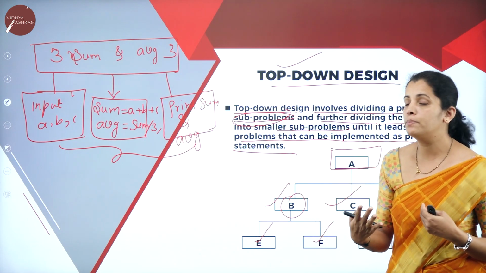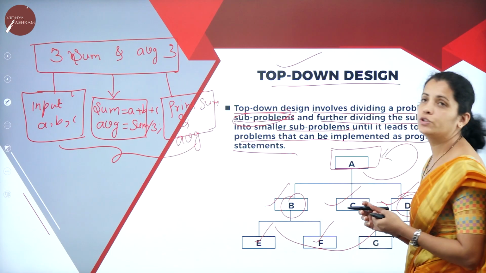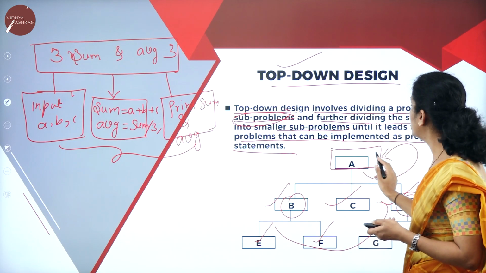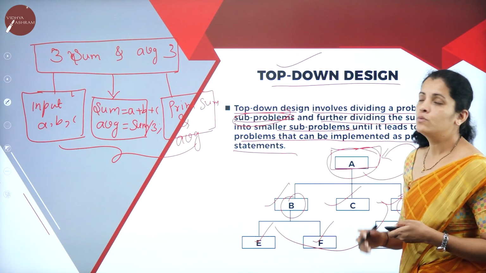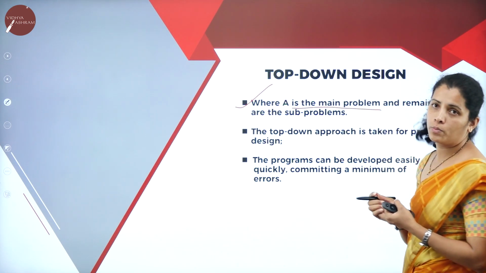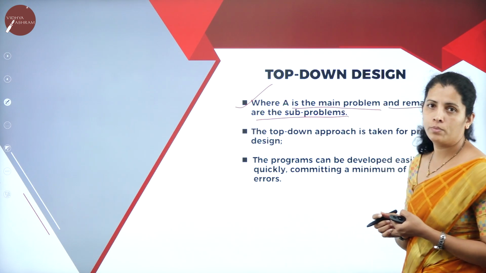Later, I'm going to club all the solutions together in order to get the solution for my main problem. So what is my main problem here? That is A itself, where A is the main problem and the remaining are the sub problems.